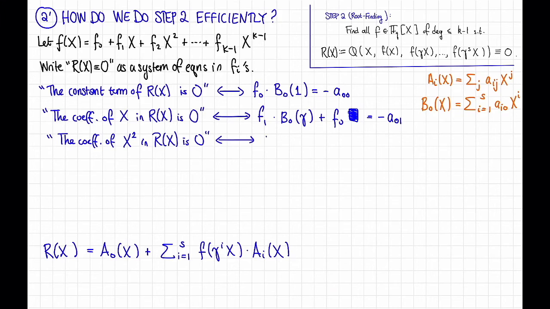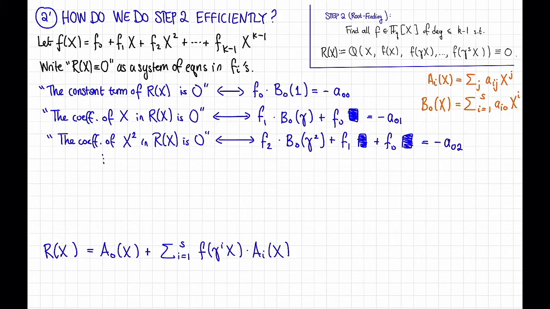The coefficient of x squared in R of x is equal to 0 means that f2 times b0 of gamma squared plus f1 times something, possibly a different something from that something, plus f0 times yet a different something, is equal to minus a02.